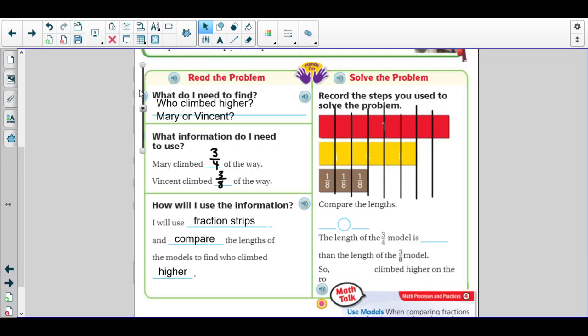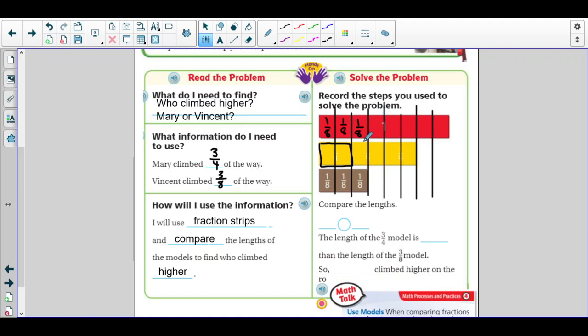Now here is where the confusion might settle in here. Okay, here's 1/8, and here's 1/8. These two 1/8s equal 1/4. And then here is 1/8.